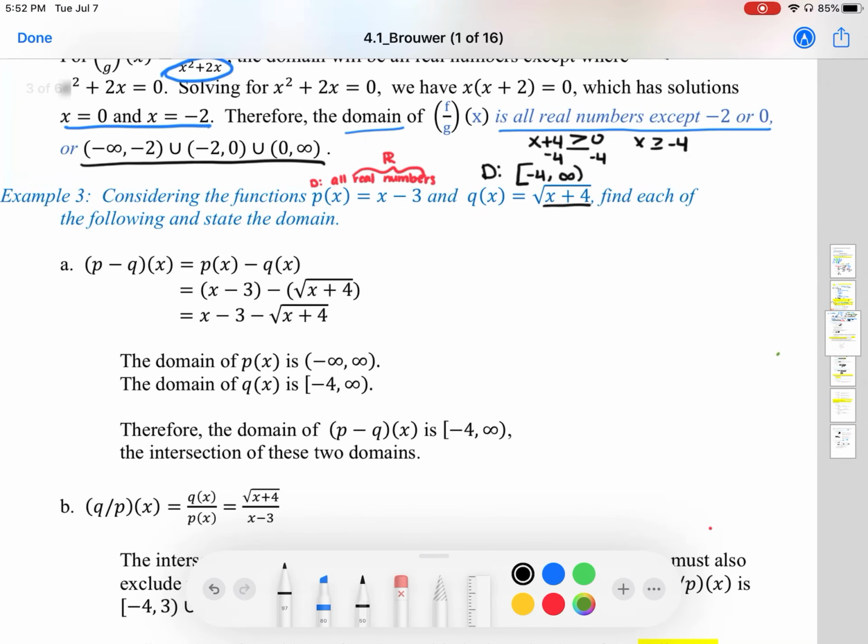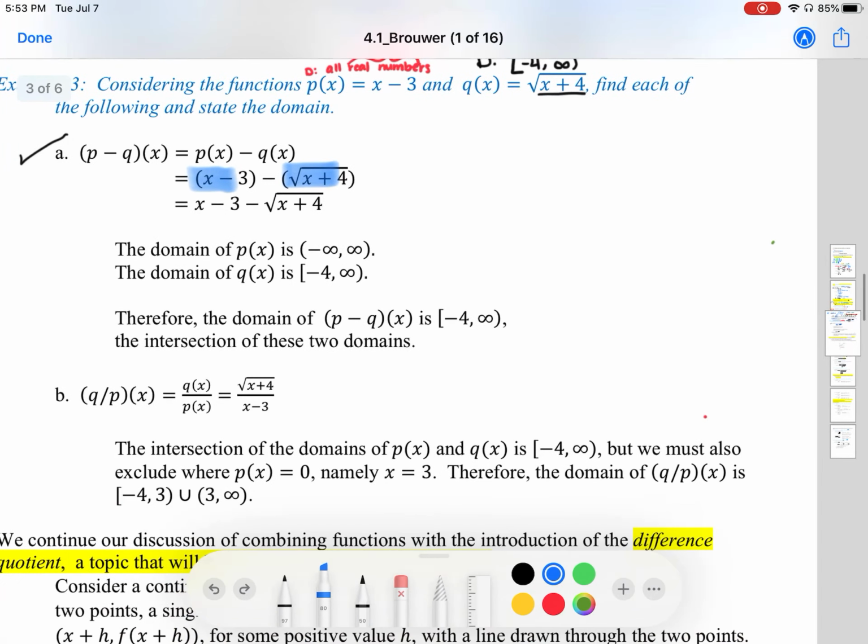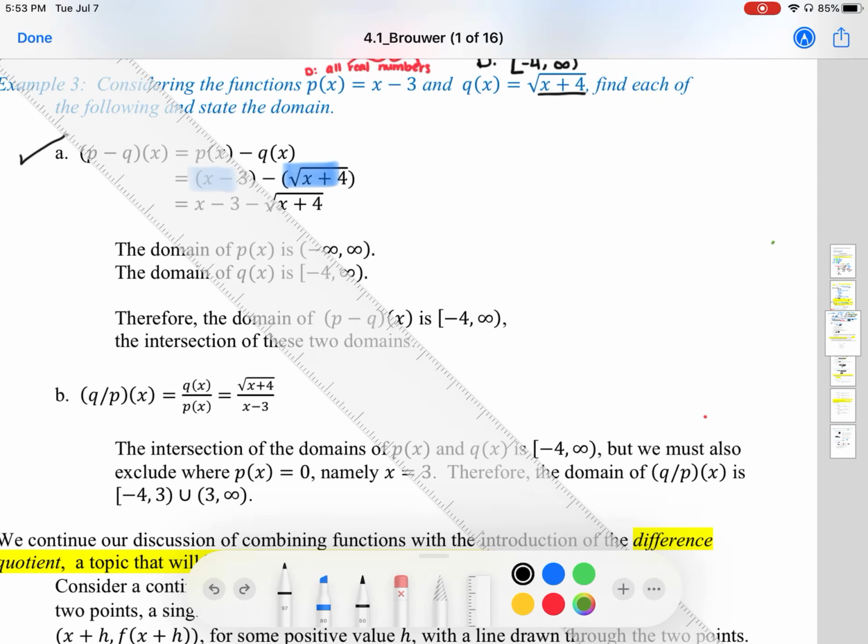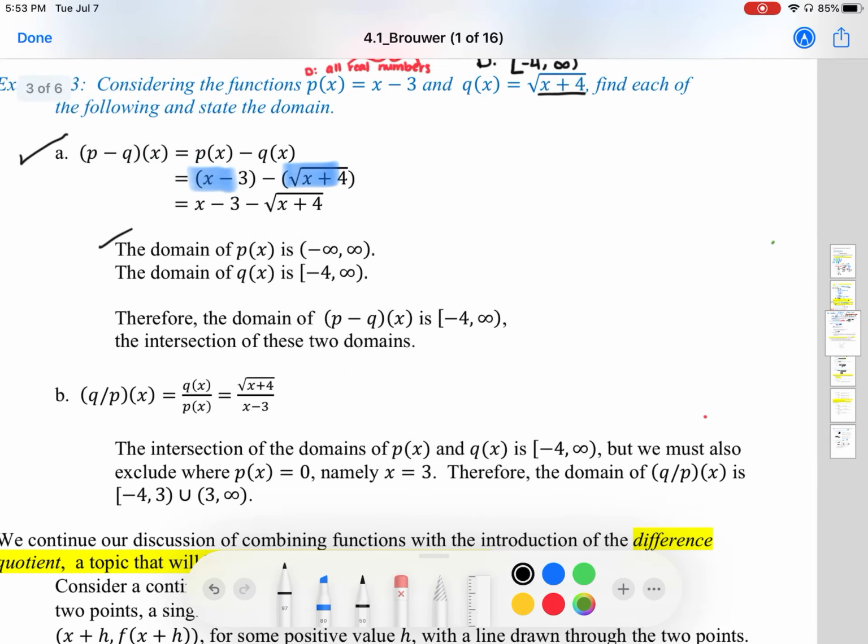All right. So if I'm subtracting, like A is asking for, P minus Q, we write each one separately, but with a minus in between. Now for this one, you see, I can't combine them, right? I could just write a minus in between, and that's okay. All right, so we set up that our domain for P is all real numbers. Our domain for Q is -4 to infinity. So where do they overlap?